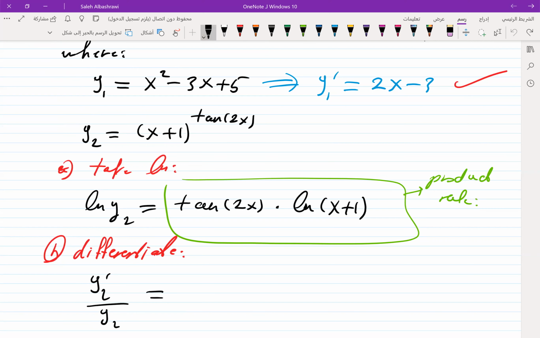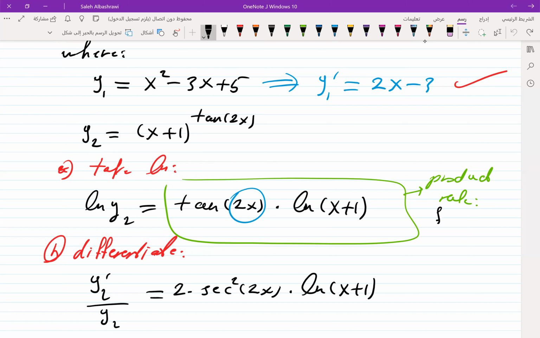The derivative of tangent 2x is secant square, and the derivative of the angle is 2. So it is 2 secant square 2x multiplied by ln of x plus 1.